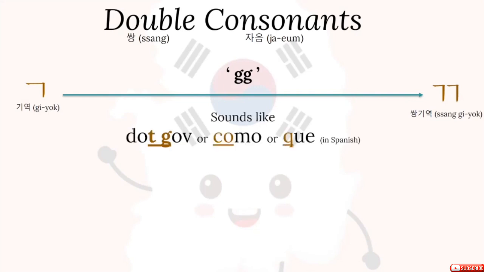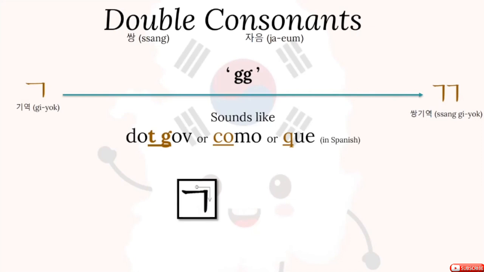When you type in a website address that has something .gov, that g has a little more stress. Or, I couldn't think of an English word, but I did take some Spanish in college, so it sounds more like ¿cómo estás? Yeah, I don't know if I'm pronouncing it right. Or ¿qué?